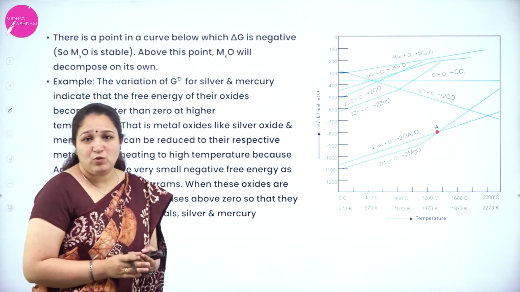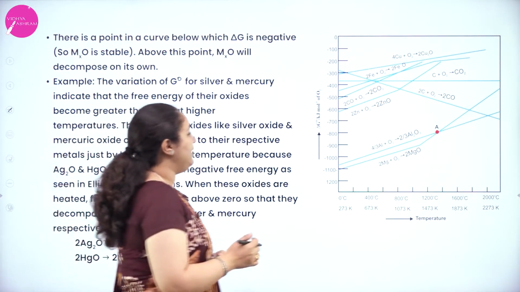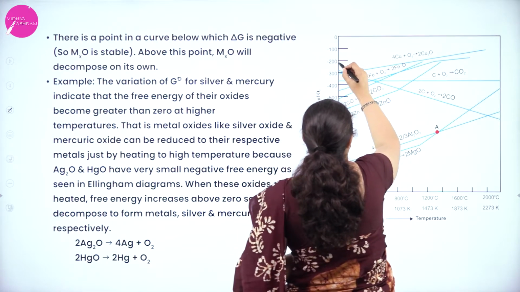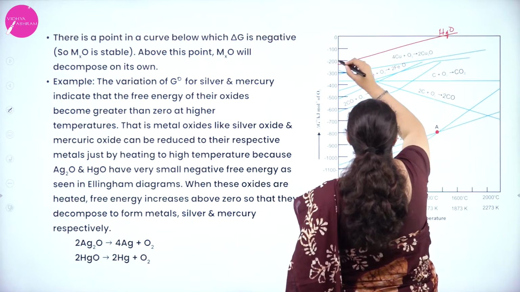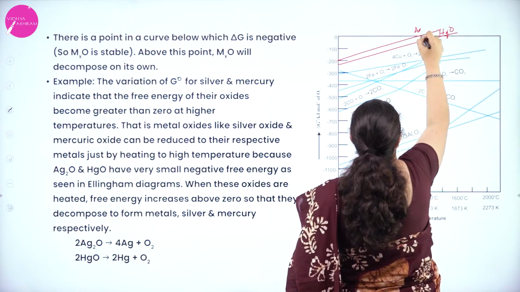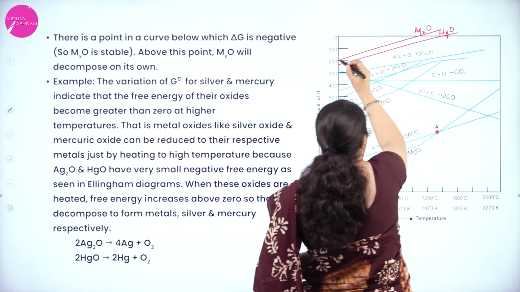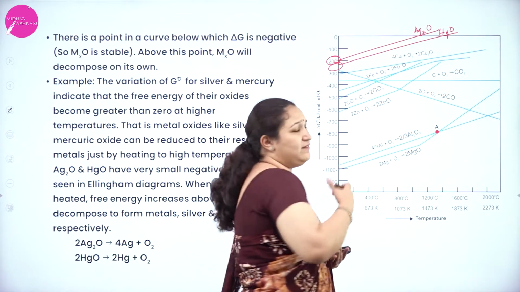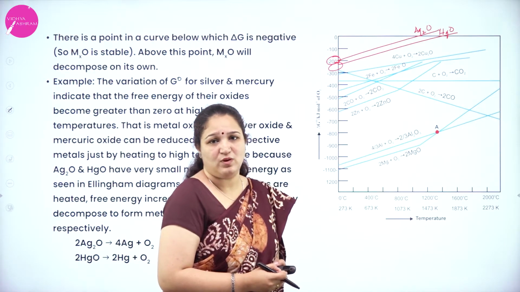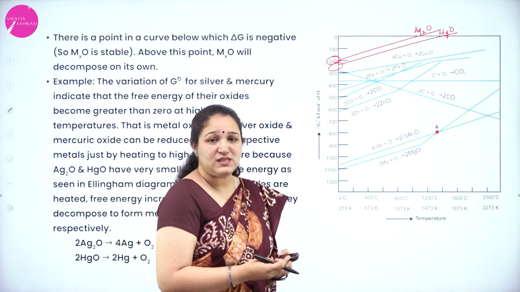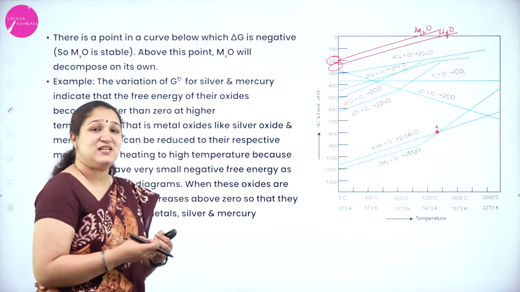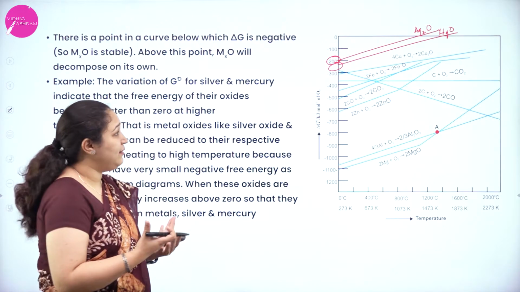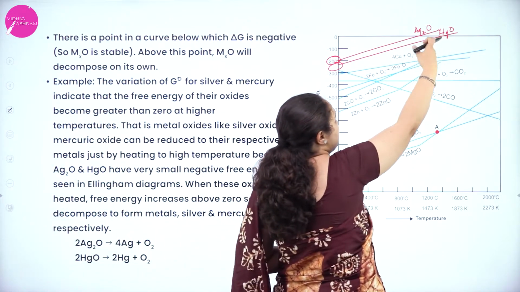Okay. One more thing you can predict here is, in the Ellingham diagram, there are two more lines. That is for formation of mercuric oxide and for the formation of Ag2O. And they have a very less negative delta G0 value. So if I take silver oxide or mercury oxide and just heat it at a higher temperature, you can see it is going to the positive scale.